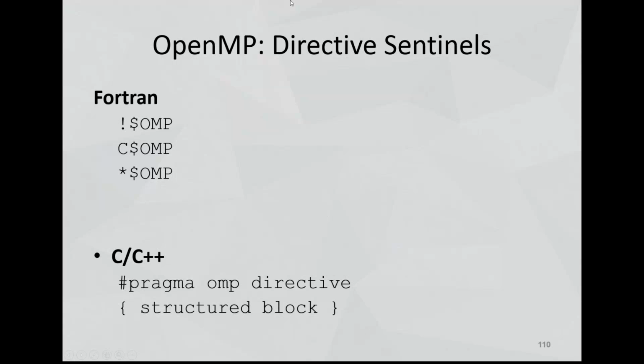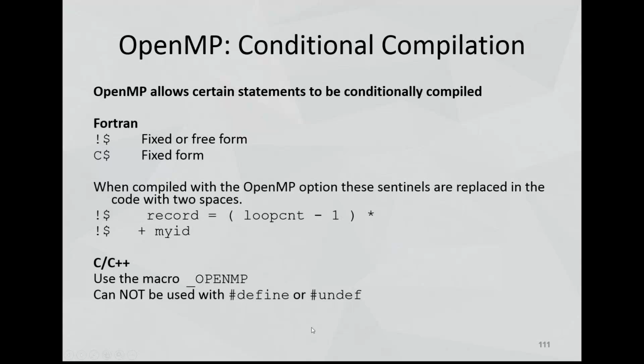So for directives, you've got the Fortran ones, or you've got the C ones: pragma omp directive, where you add a structured block after that. When we're using OpenMP, we call macros. We're not going to be able to do hash define or undefine in that. We can call that using an underscore OPENMP macro.